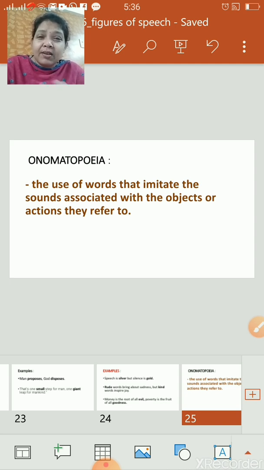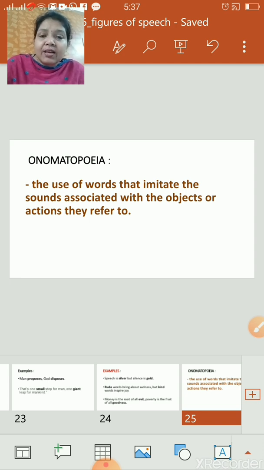The sound could be related to an object, or to a machine at work, or any kind of impact sound. Let us go through the definition: the use of words that imitate the sounds associated with the objects or actions they refer to. So it's nothing but onomatopoeia.